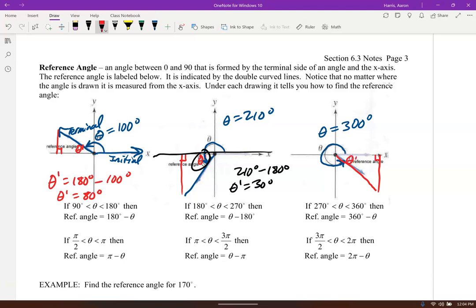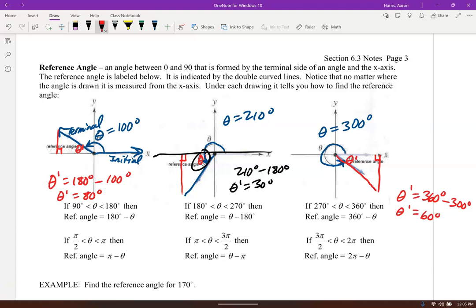Theta prime, or the reference angle, is right in there. And I say, well, the whole way around is 360, so theta prime would be 360 degrees minus our original theta. So theta prime must be 60 degrees in there. That's how you find reference angles.